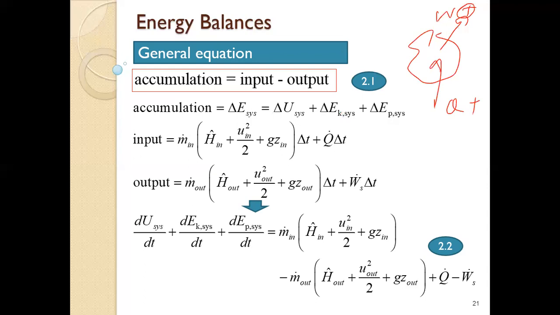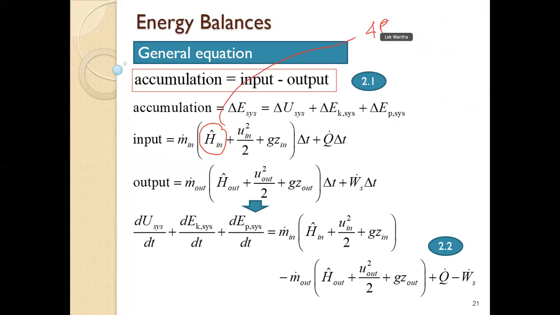Okay, for this case, the input of energy is in terms of mass input and heat input. You have to check mass input and heat input. For mass input, energy can enter the system based on enthalpy. Enthalpy is delta PV plus internal energy.